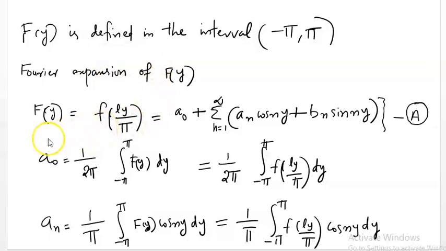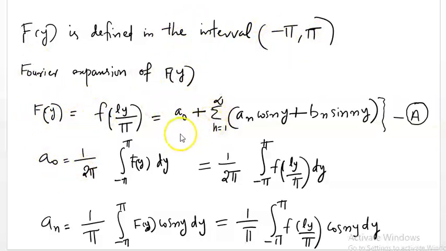Its Fourier series expansion, as we all know, the capital F of y, is a0 plus sigma n equal to 1 to infinity an cos ny plus bn sin ny.